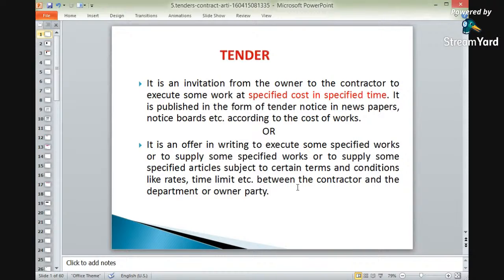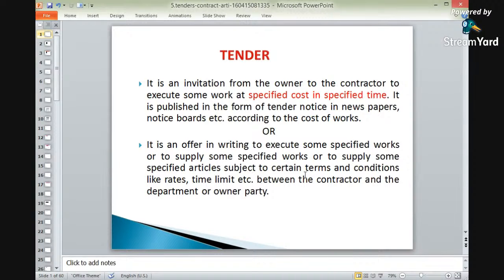But it is in the specified written form. It is an offer in writing to execute some specified work, or to supply some specified equipment or articles subject to certain terms and conditions.